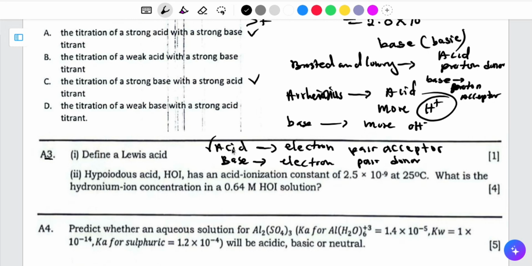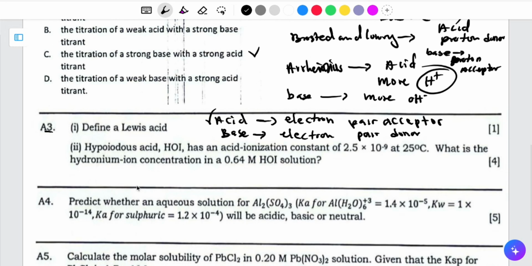And then we have this question here, which is saying hypoiodous acid, which is this one here, has an acid ionization constant of 2.5 multiplied by 10 to the power negative 9 at 25 degrees Celsius. What is the hydronium ion concentration in 0.5 molarity of this solution here?